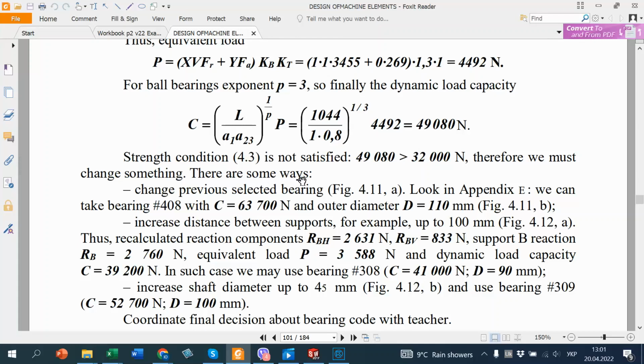There are some ways how we can solve this problem. First, change the bearing and take 408.